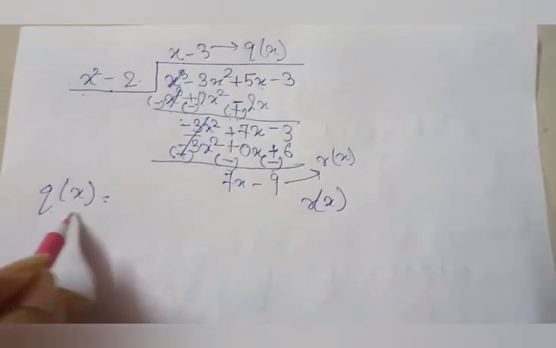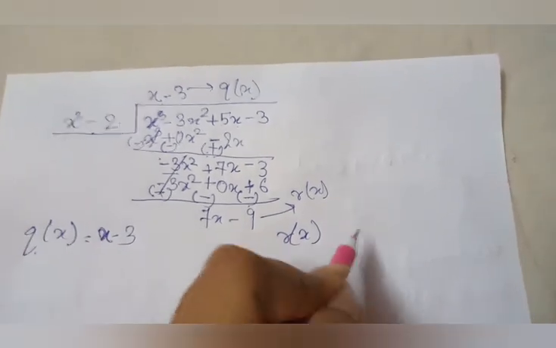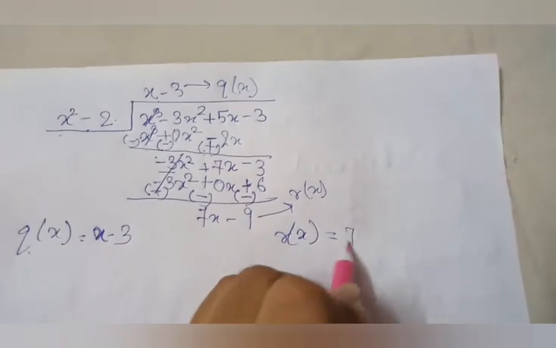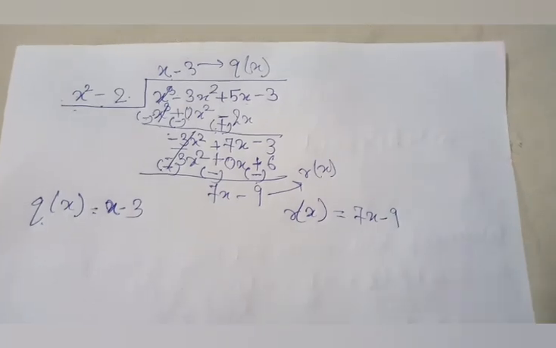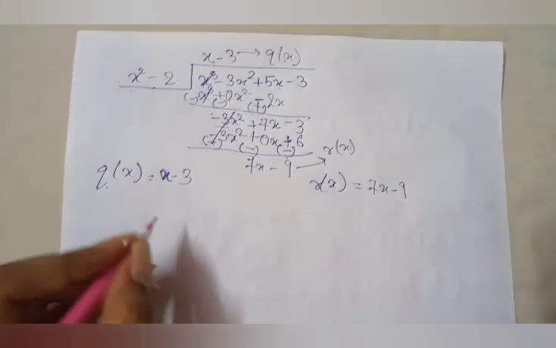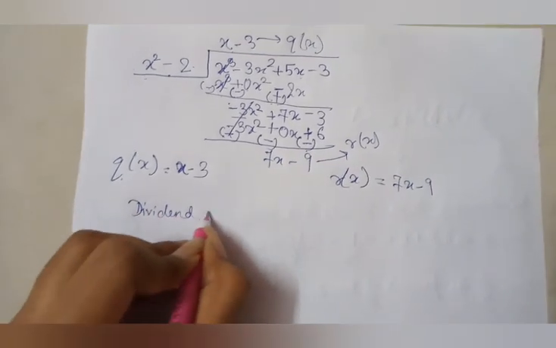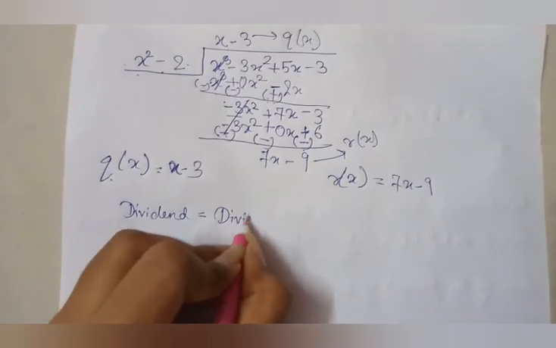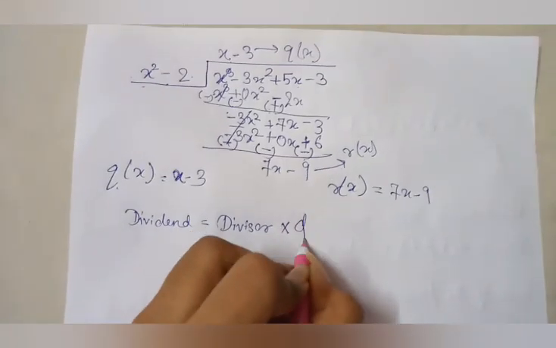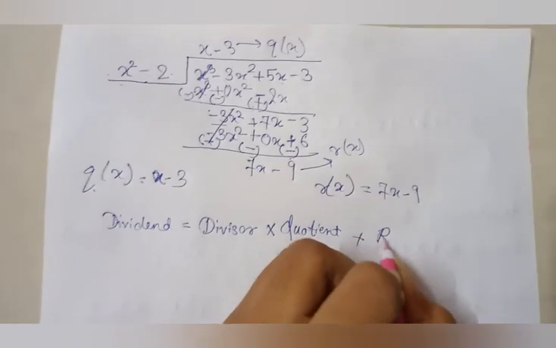So we can easily write q(x) is equal to x minus 3 and r(x) is equal to 7x minus 9. And you can also check it by the rule, as you all know, dividend is equal to divisor into quotient plus remainder.